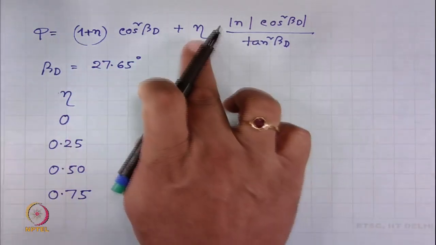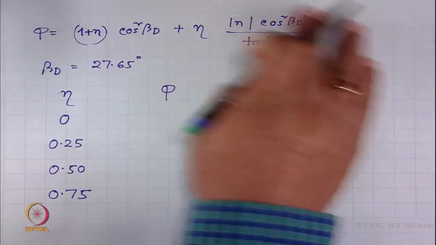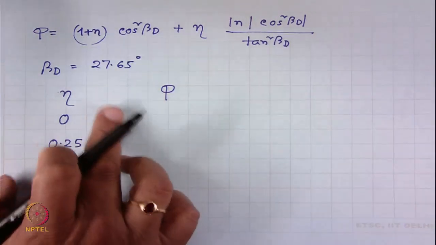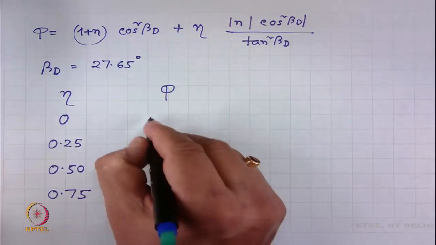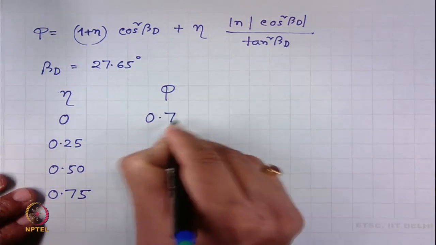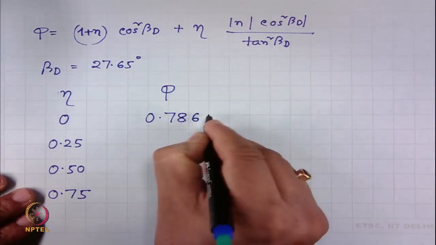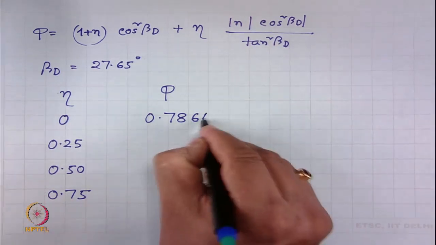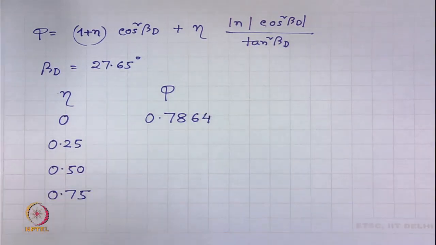So, when eta is 0, this term vanishes, so cos square beta d, cos square 27.65 degree, the value will be 0.7864. So, cos square 27.65 degree is roughly 0.7864.